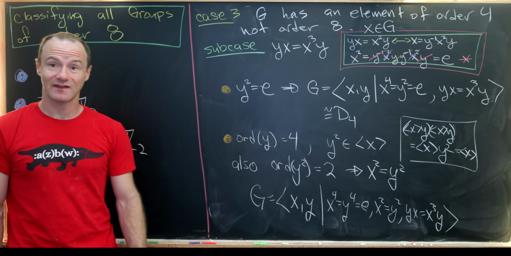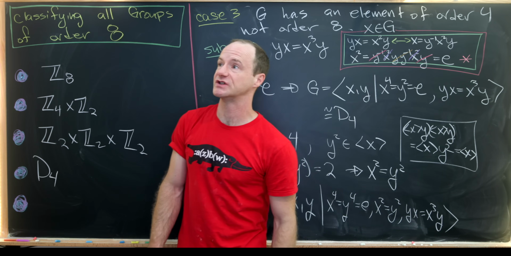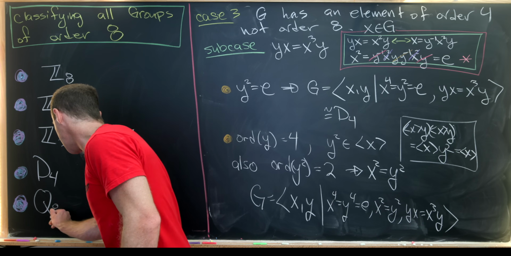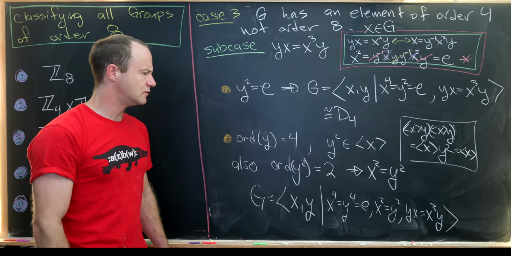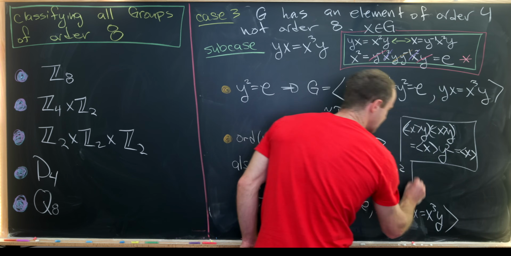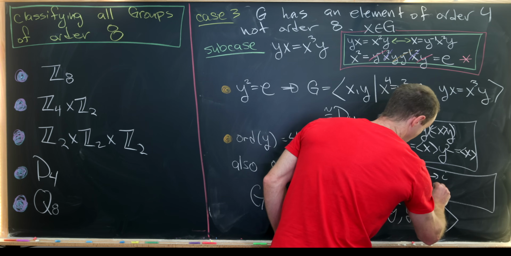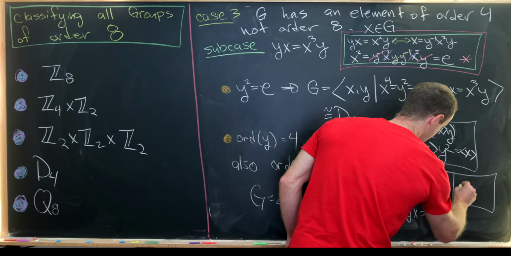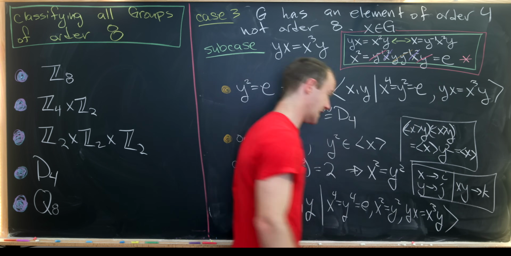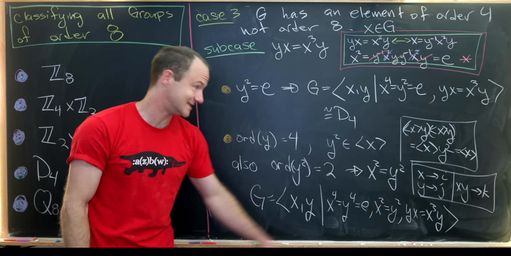But those are exactly the defining properties of our last group of order 8, which is the Quaternions. So sometimes this is Q8. And if you know the Quaternions in the ijk form, this would be like having x identified with i, y identified with j, and then xy identified with k. But this gives you the same sort of presentation.